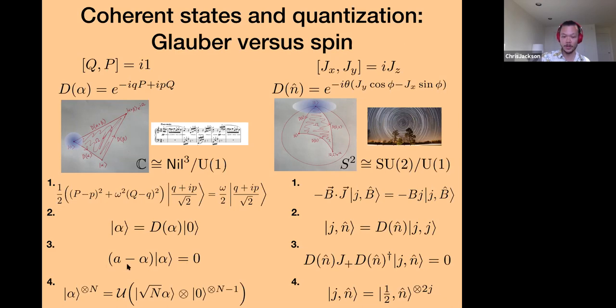Usually people think of this in terms of being eigenstates of A, but the reason I chose to write it like this, as a co-moving lowering operator, is because then you can write down the analog in the spherical case, which is, JJ is uniquely defined by being annihilated by J plus, but then there's this rotated J plus, which uniquely annihilates one state, which is the corresponding coherent state.